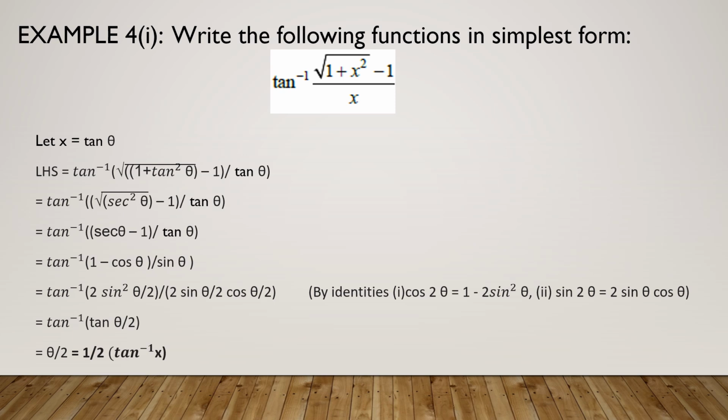Sec is 1 upon cos, tan is sin upon cos. So simplification, you will get tan inverse of 1 minus cos theta upon sin theta. Now use the identities over here. You know the identity of cos of double the angle, meaning cos 2 theta is equal to 1 minus 2 sine square theta, and sine of 2 theta is 2 sine theta cos theta.